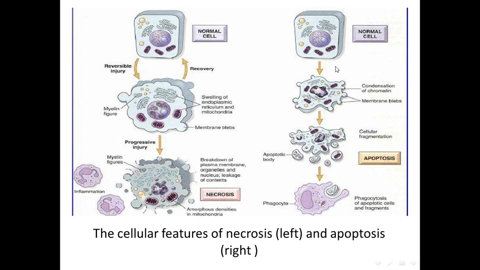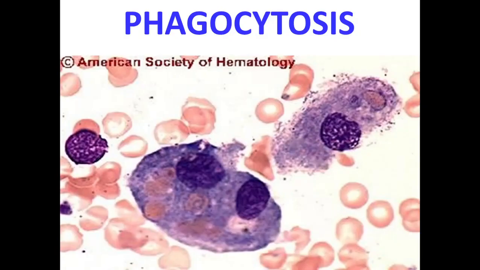While in case of apoptosis, this is the normal cell. There will be condensation of chromatin with membrane blebs, cellular fragmentation, and later on phagocytosis of apoptotic cells and fragments. And this is the phagocytosis of the apoptotic cells by histiocytes.